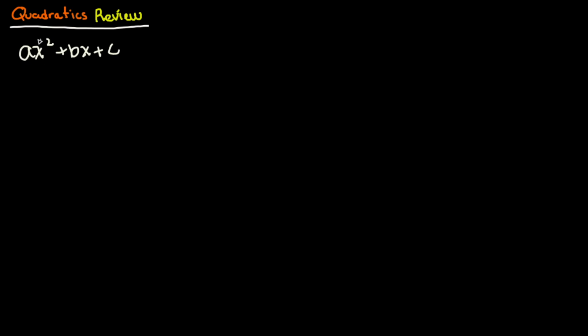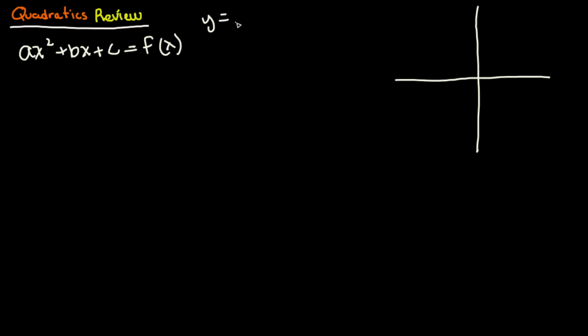And this is known as the standard form of the quadratic, which is ax squared plus bx plus c. And just as a refresher, when you draw a quadratic on a graph, this is the graph of y equals f of x, so I'll describe this as the y-axis and x-axis.